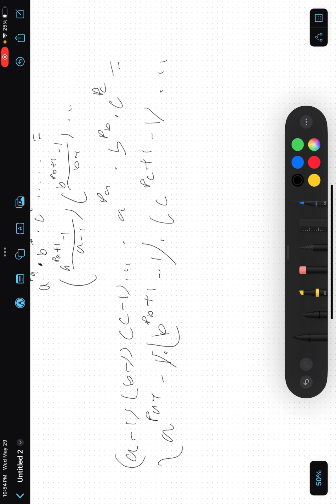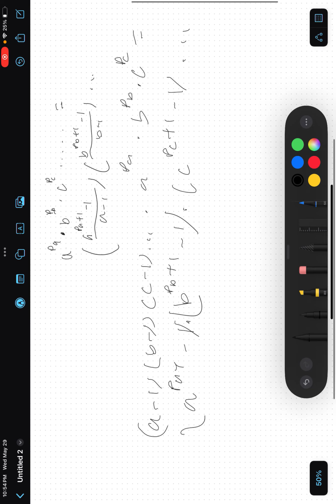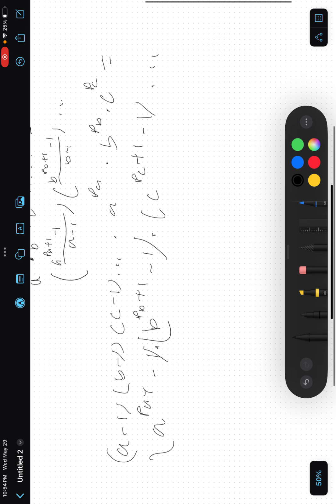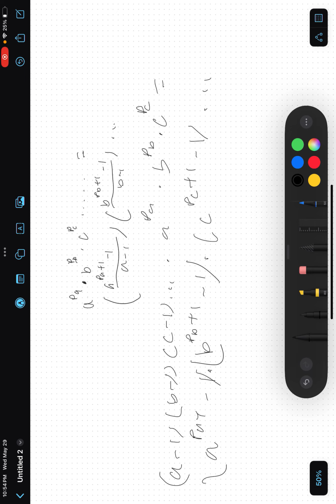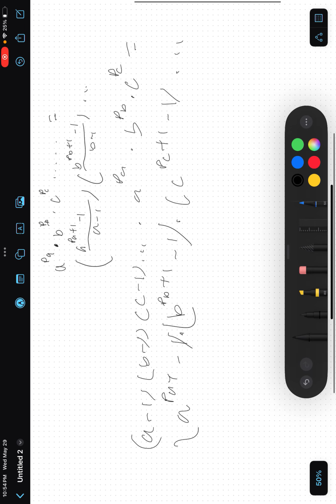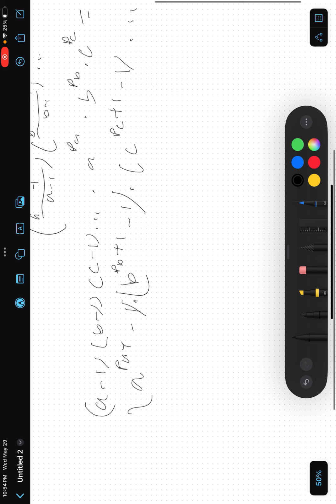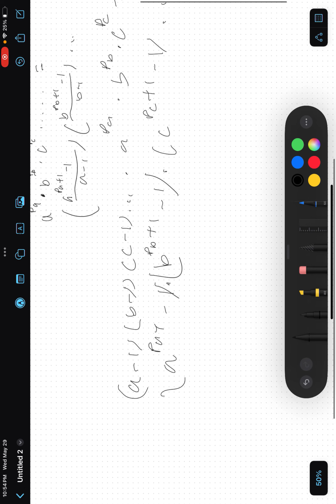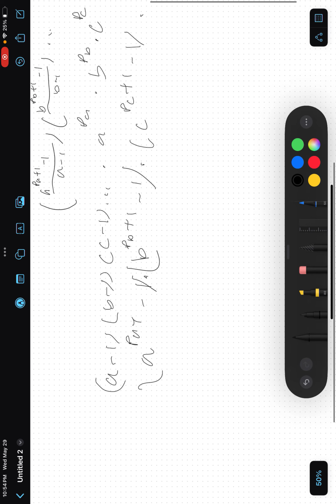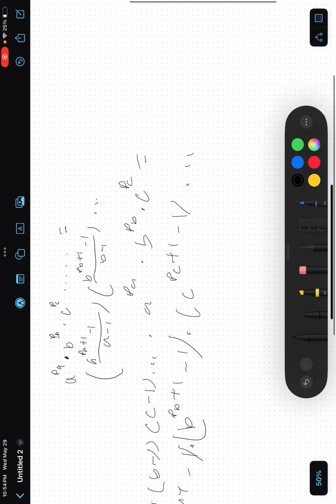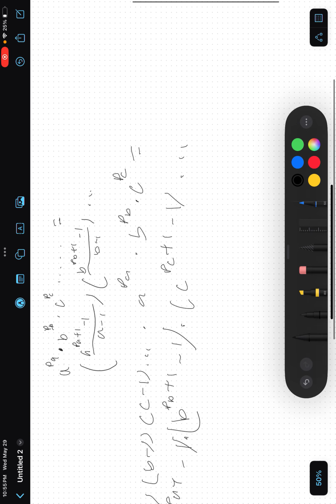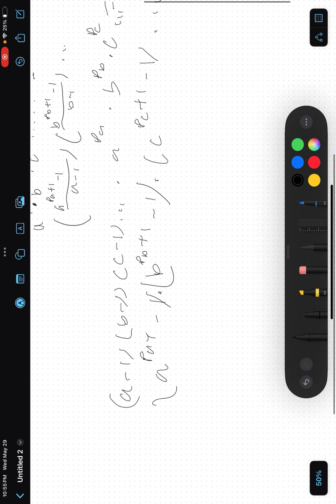Actually, no, we won't be doing that. But we know that A minus 1, B minus 1 and such can't be equal to that because, so I'm just trying to think of a way to prove they're not equal to each other, because we don't really prove anything by removing it, don't we?